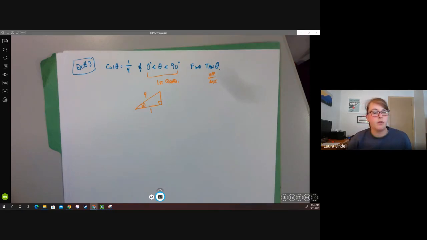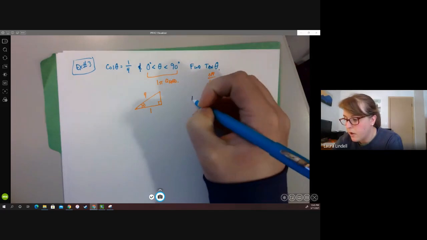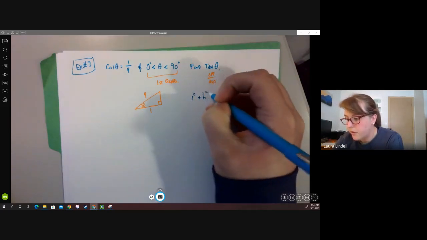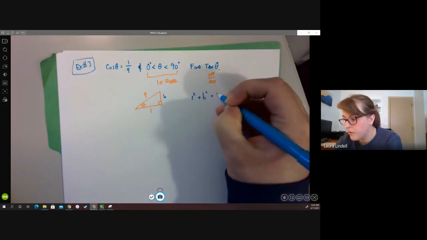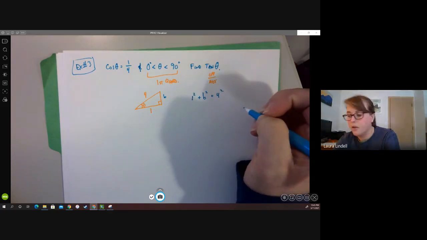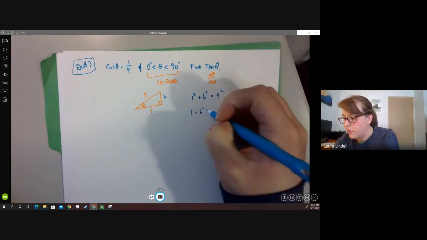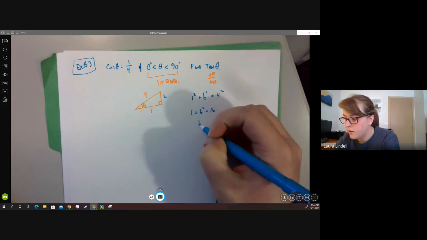So this is kind of like those coordinate problems that we were working with back in 4.2, 4.3. So we would go 1 squared plus b squared equals 4 squared. 1 plus b squared is 16.